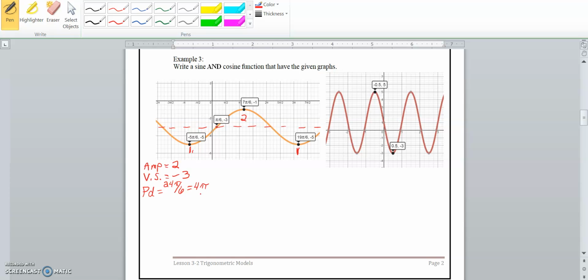So amplitude, period, vertical shift. Our phase shift is our last one, so I'll call that our PS. The amplitude, vertical shift, all that, doesn't matter whether we're talking about sine or cosine, those properties stay the same.